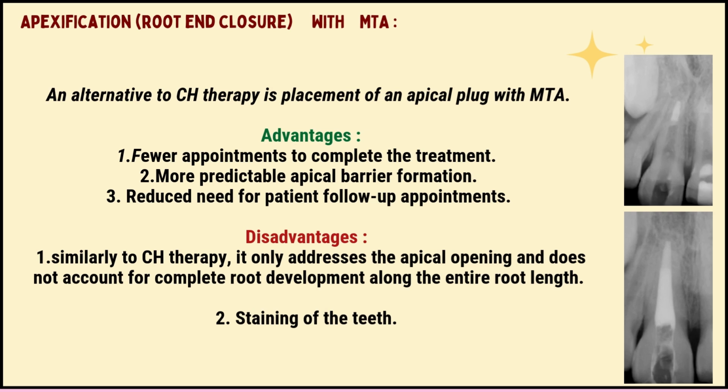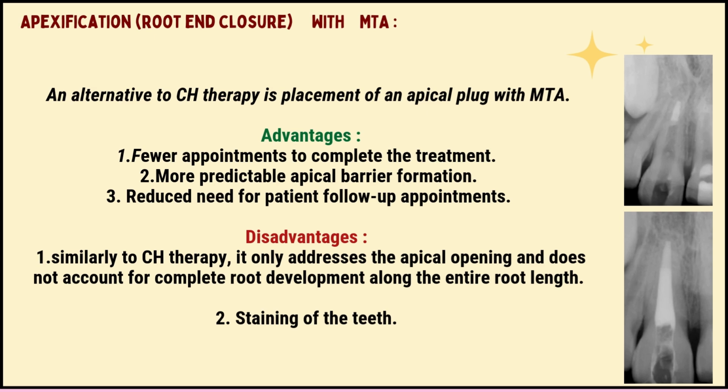In order to overcome these drawbacks, an alternative to the calcium hydroxide apexification process is proposed, that is, using MTA as an apical plug. So, what are the advantages of apical plug with MTA? It requires fewer appointments to complete the treatment with reduced need for patient follow up, and the result, that is the apical barrier formation, is more predictable.